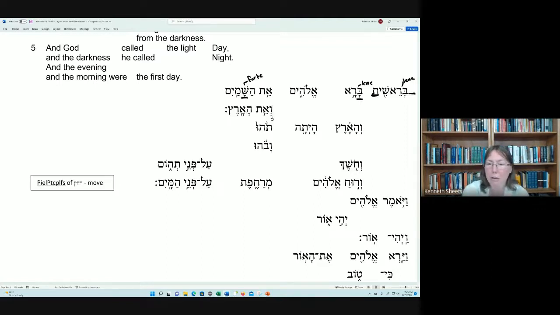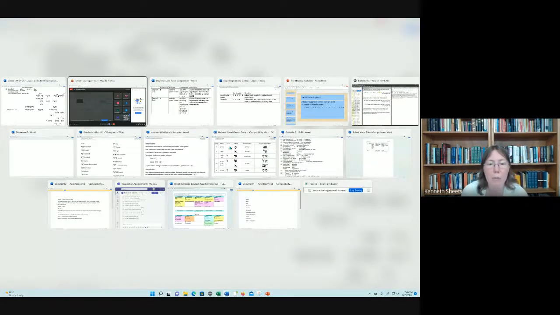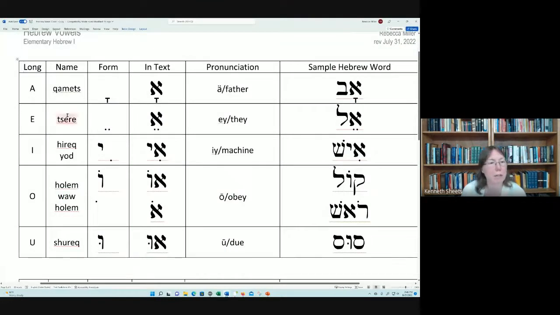So coming on down a little bit further. Wa'eth ha'aretz. Again, no Dageshes anywhere in there. Let's see. I see what could be a dagesh here, but I know from those vowels that we were looking at, let's see, what were those vowels again? So we have the kamates here, long A pronounced ah, as in of.